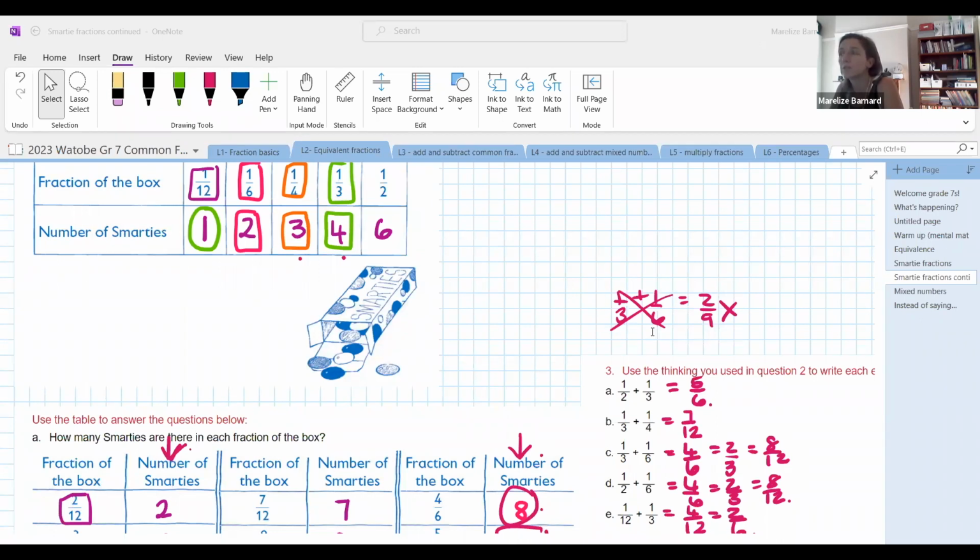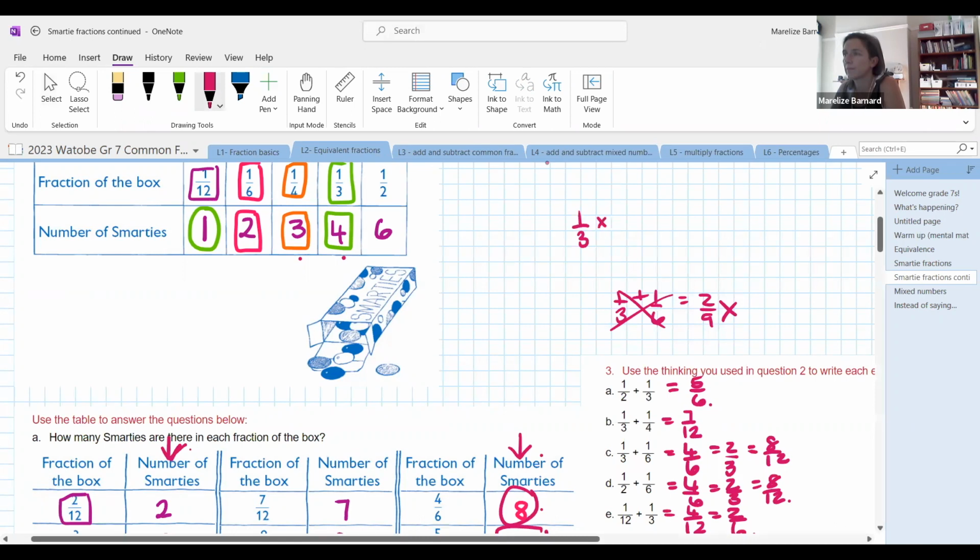So what would your answer be for a half plus a third? Ma'am, can I make an example? Yes, sure, go for it. Ma'am, we rather put 1/3 times 3, which is 1/3 times 3/1.